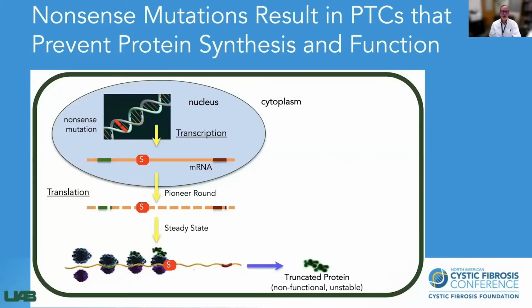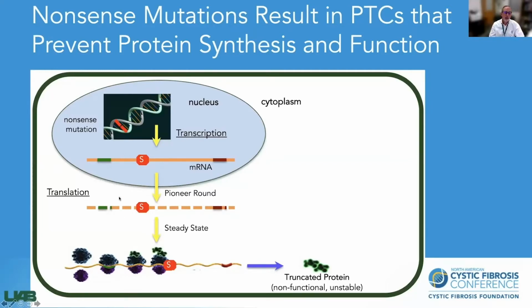All right, so here's what happens when a gene has a nonsense mutation. First of all, the primary transcript is made in the nucleus. It is then capped, spliced, the 3' end of the message is cleaved and polyadenylated, and then it gets exported out of the nucleus into the cytoplasm.